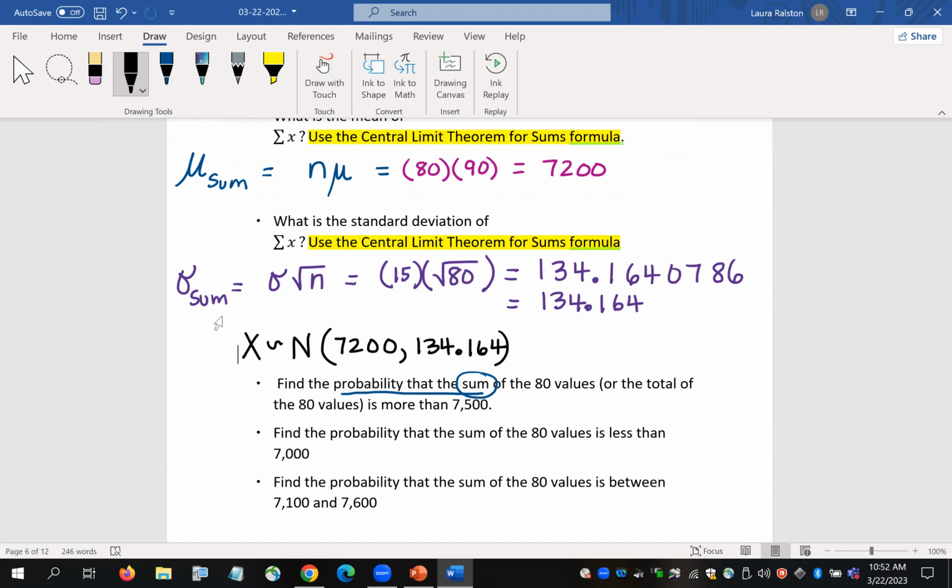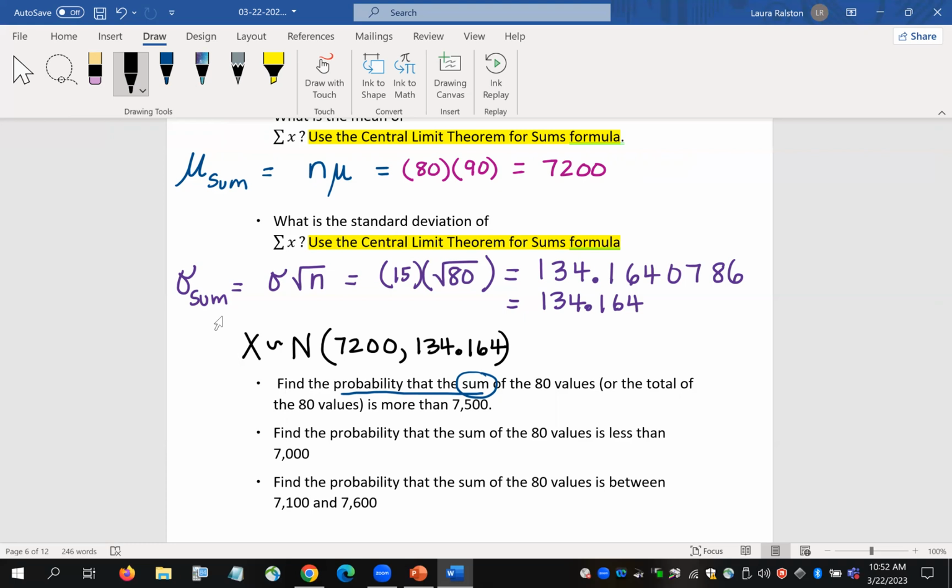I was mentioning as my power went out that I have not ever experienced or seen the central limit theorem for the sums used.